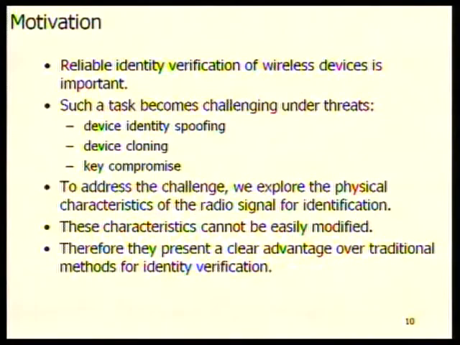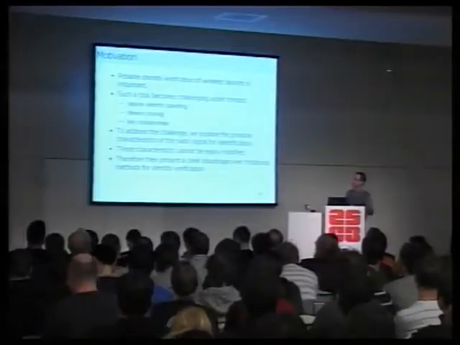So what is the motivation for looking at identical devices? We would like to have reliable identity verification of wireless devices for various reasons. We want to detect illegal transmitters, and we probably want to detect if someone has spoofed your MAC address and is trying to pretend to be you. It can also be used for device cloning or key compromise detection.